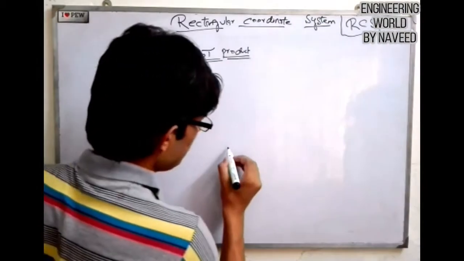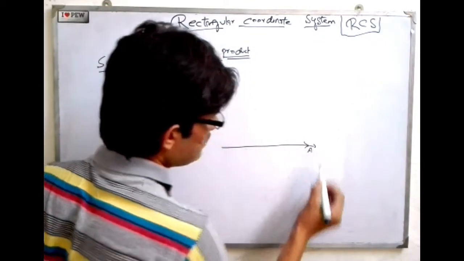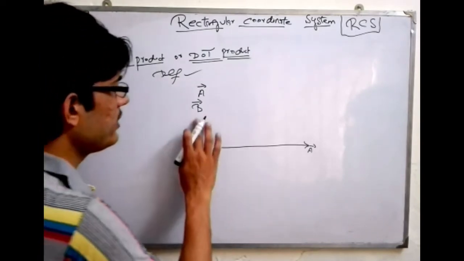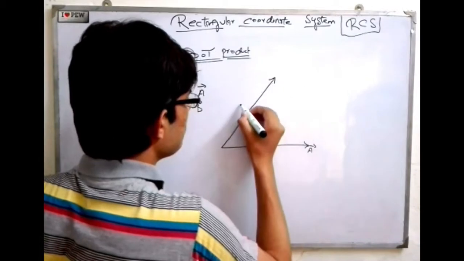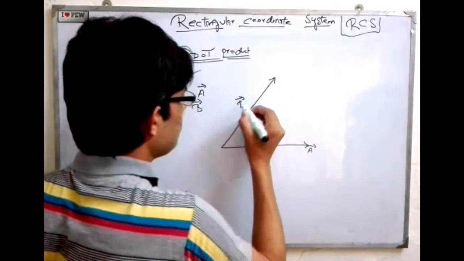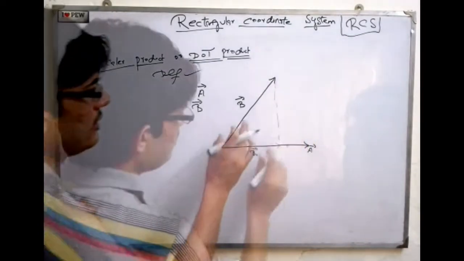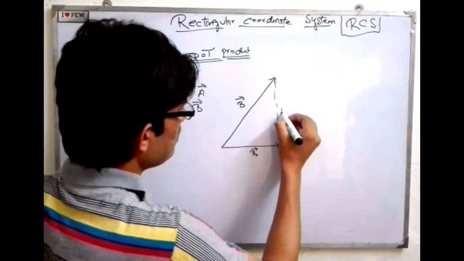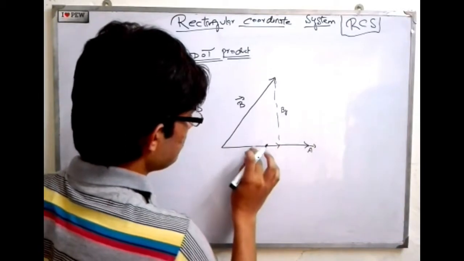This is my vector A, and we have another vector, vector B, in this direction. Divide this vector into its components. This will be the Bx component, and this will be the By component.